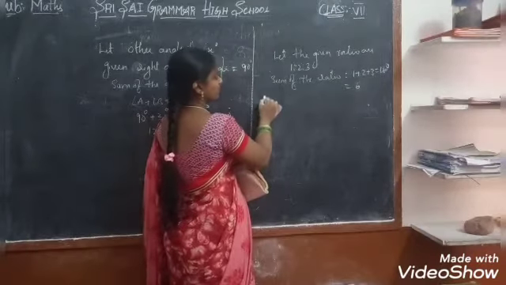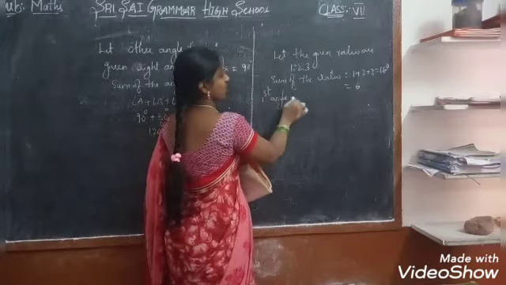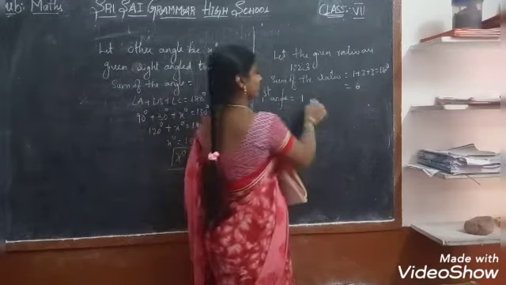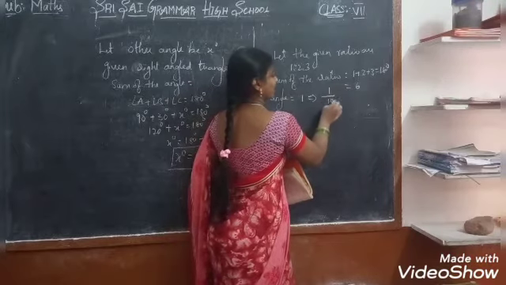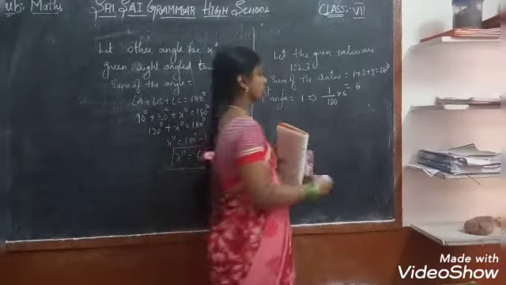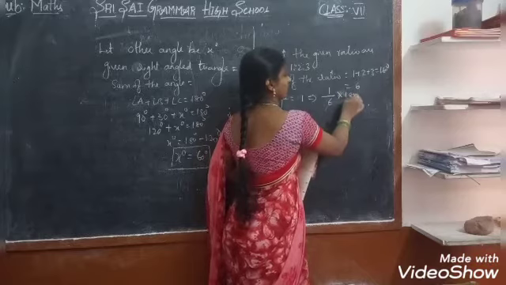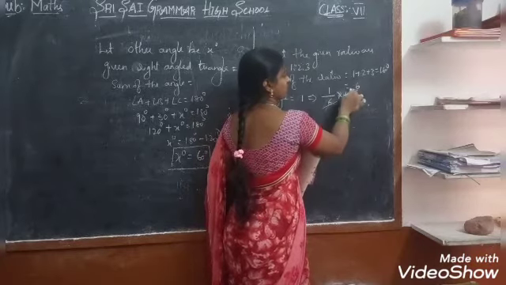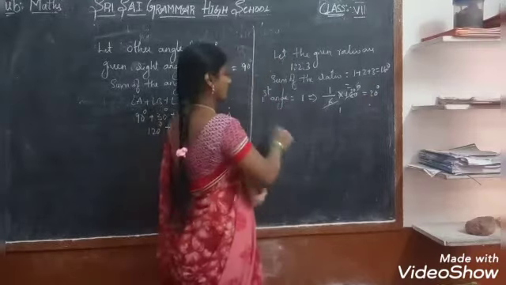So what is the first angle? 1 by 6 into 180. 6 threes are 18, that is 30 degrees.